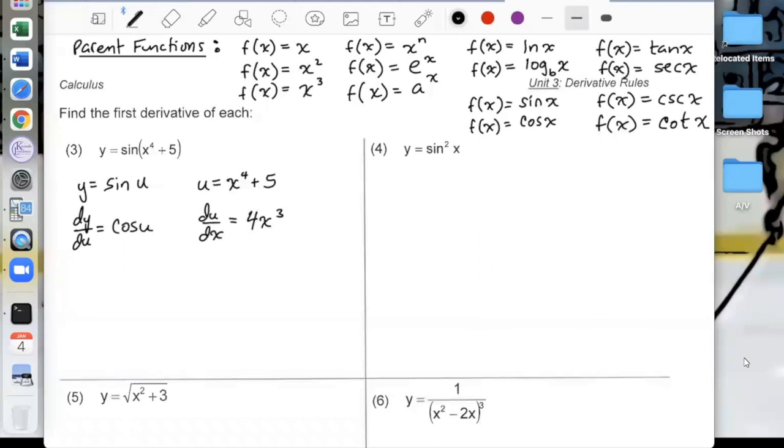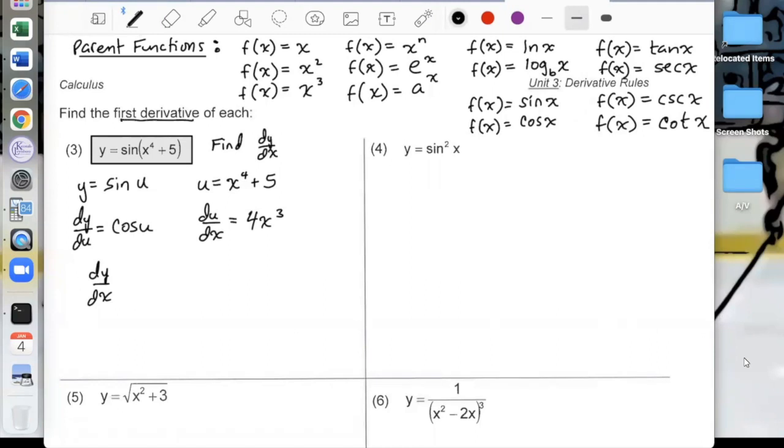So then we put it together to find dy over dx, because if we're looking for the first derivative, we're looking for the derivative of this original function, which has a dependent variable of y and an independent variable of x, which means that when we're finding the derivative, we're asked to find dy over dx. All right. That's what this set of directions is saying based off of the notation here.